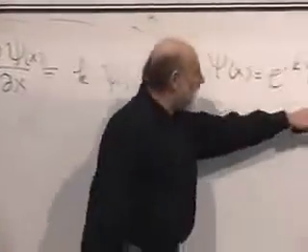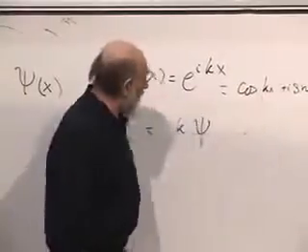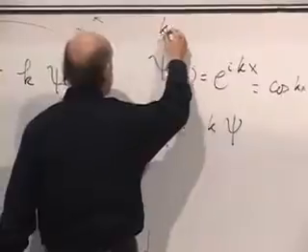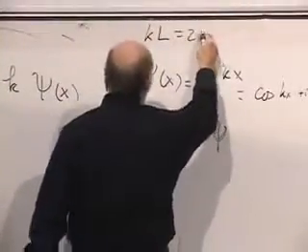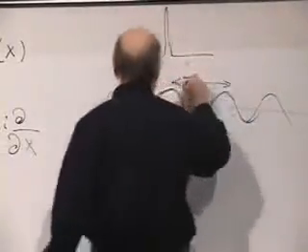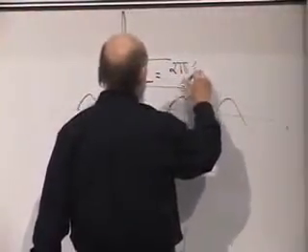The answer is 2 pi, but it's not x equals 2 pi, it's kx equals 2 pi. So k times the wavelength L is equal to 2 pi, or the wavelength L is equal to 2 pi divided by k.